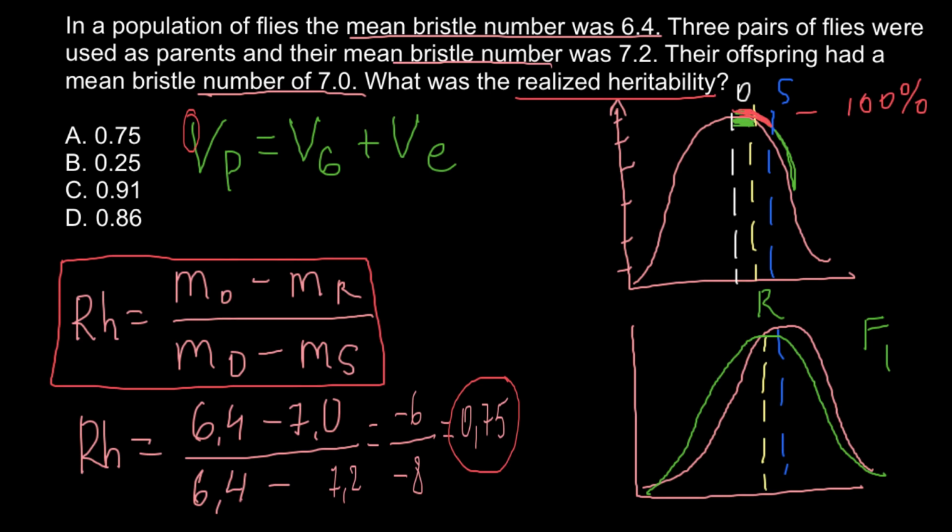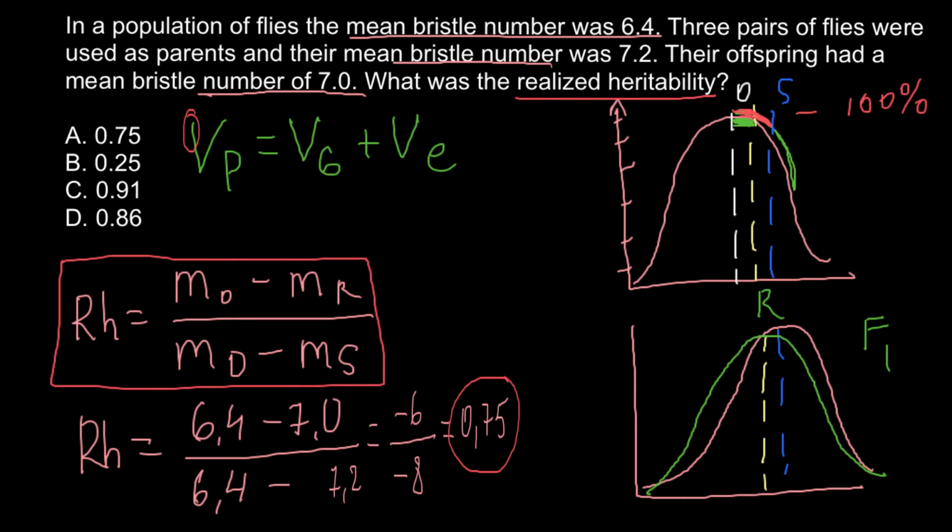So you see what this proportion is, or to what extent our selection would show up in the following generation.